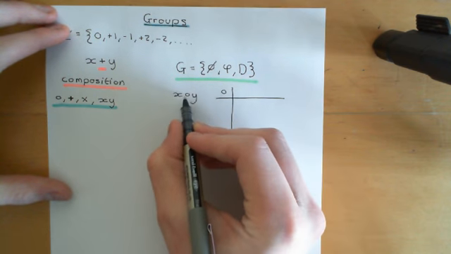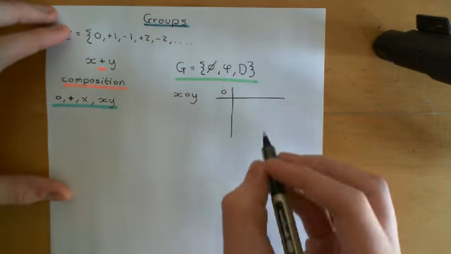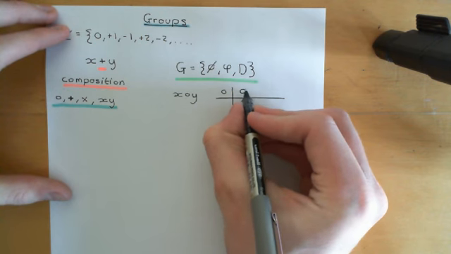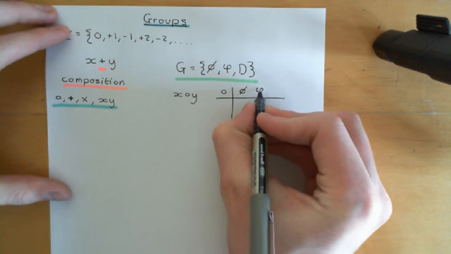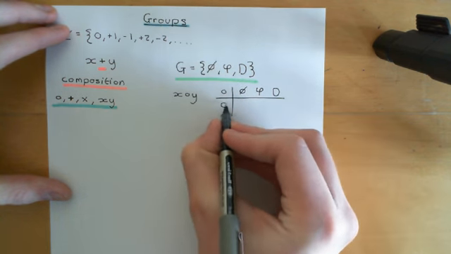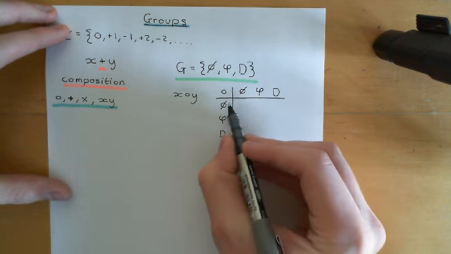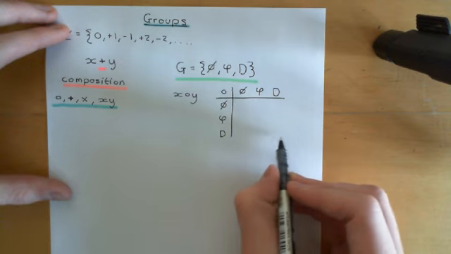If I was calling the composition law addition, I would put add up there. I'm going to put every element of my group up here. So here's capital phi, here's lowercase phi, here's capital D, and also along here. So I'm making a table, and then I'll simply put in all the answers.